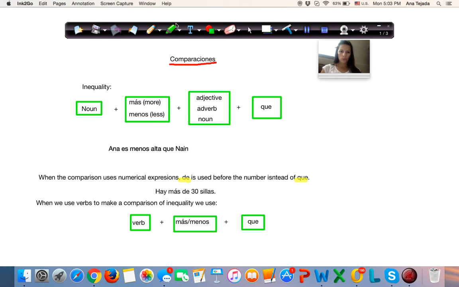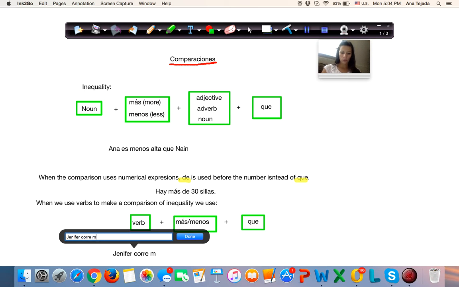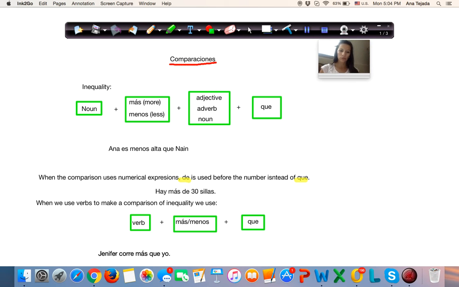An example would be: Jennifer corre más que yo. Another thing you always have to keep in mind is that más, when it's done more than something else, is going to have that tilde. Okay?